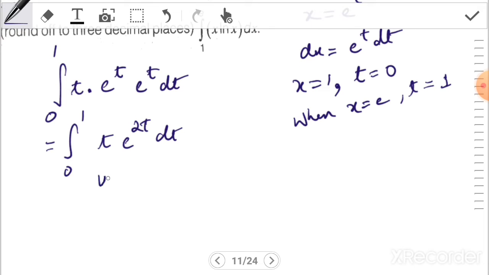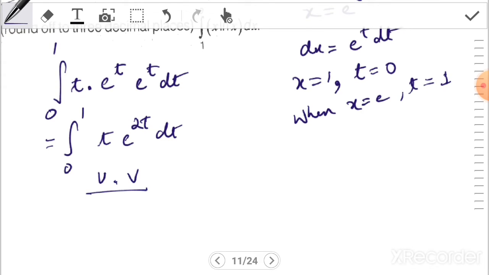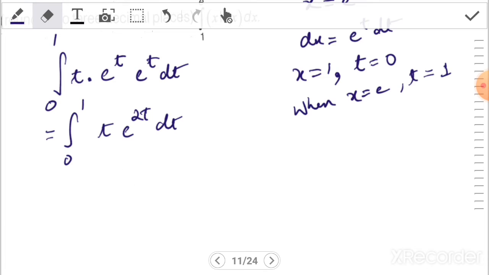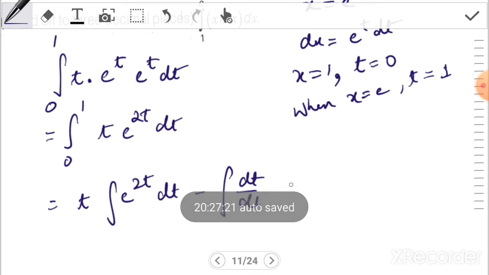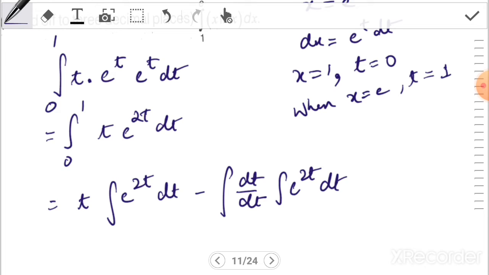Now this is in the u into v form. So t times integral of e raised to the power 2t dt, minus integral of d t by dt times integral of e raised to the power 2t dt.